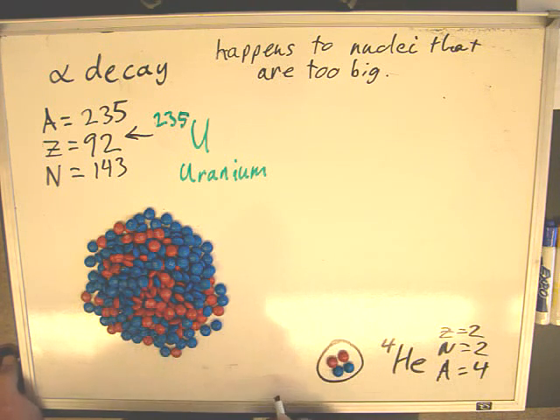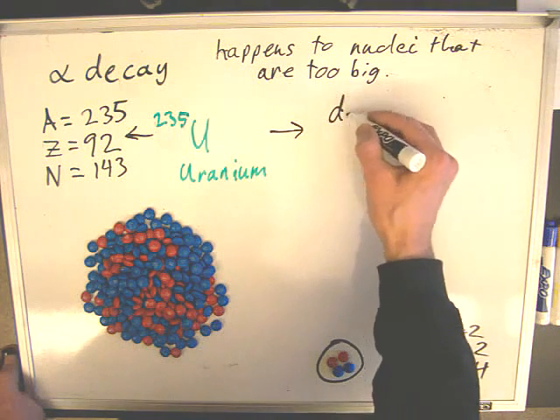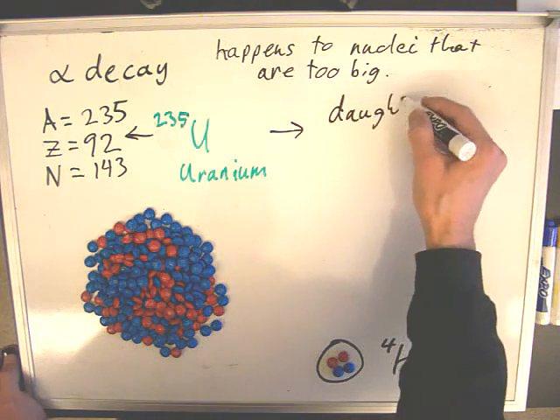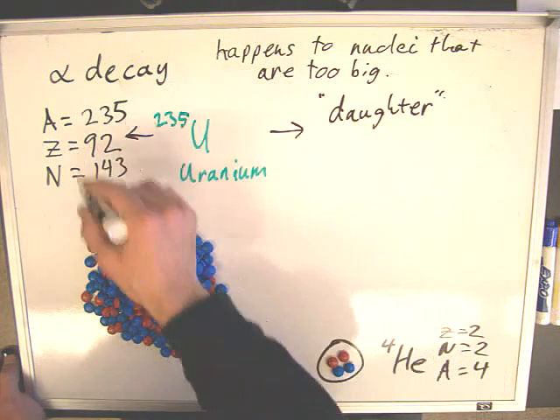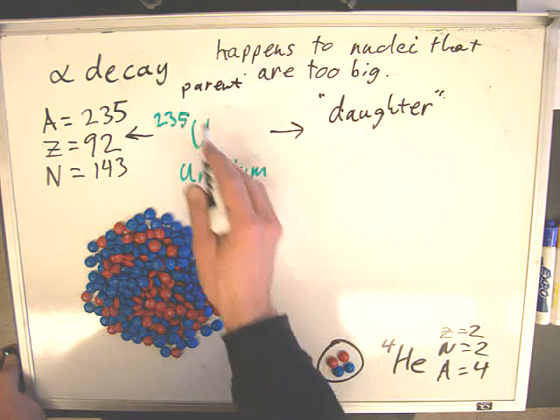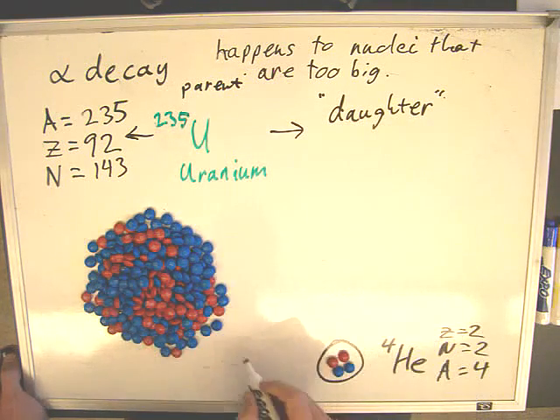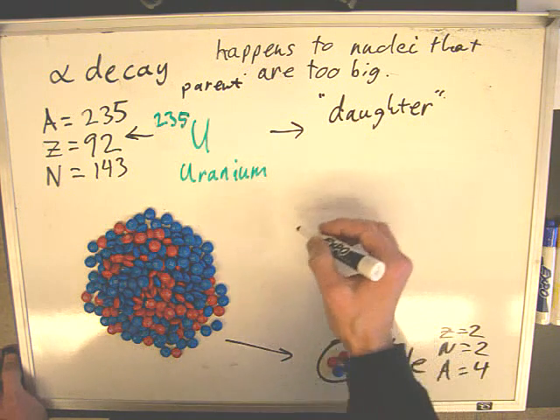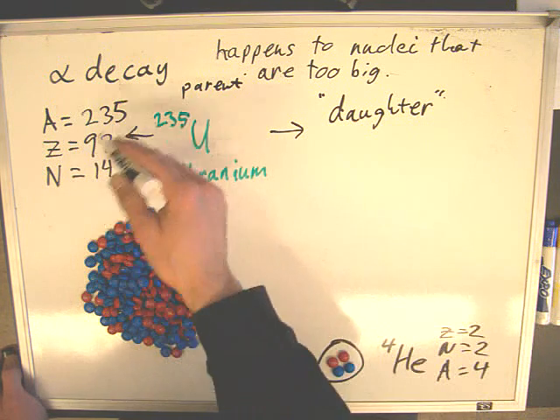So if I split those off, then what am I left with? The daughter nucleus. This one is called the parent. So the parent nucleus is uranium-235. The daughter nucleus, which is what's left over after the alpha particle is split off, must have different values than these.